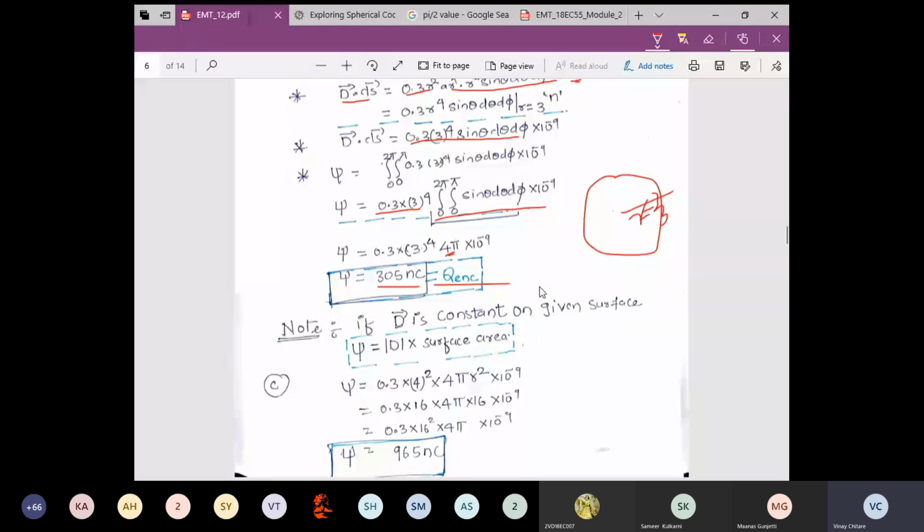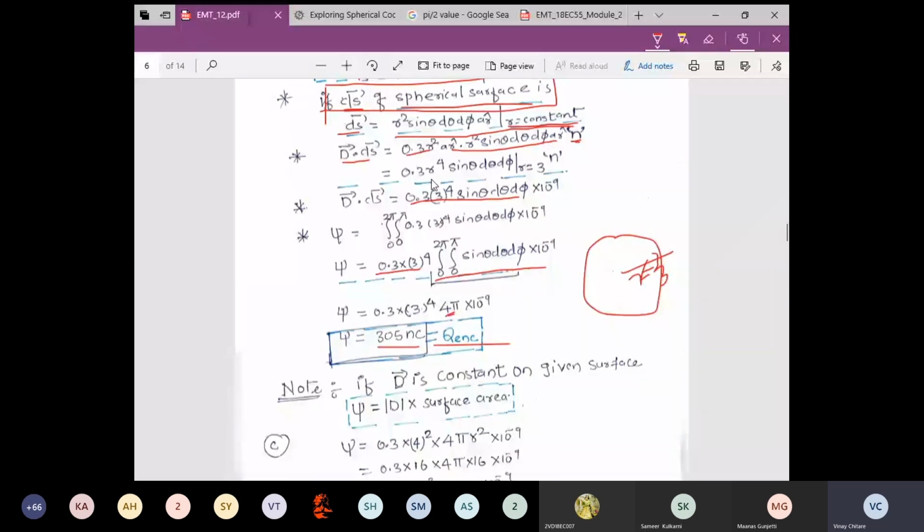and the charge enclosed in that surface of a sphere r equal to 3 is equal to 305 nanocoulomb. Now if you observe, if I take 0.3 r square outside, and leave one more r square inside the integral, and anyway r is constant, 3 square, the term r square inside the integral is nothing but the surface area of a sphere.